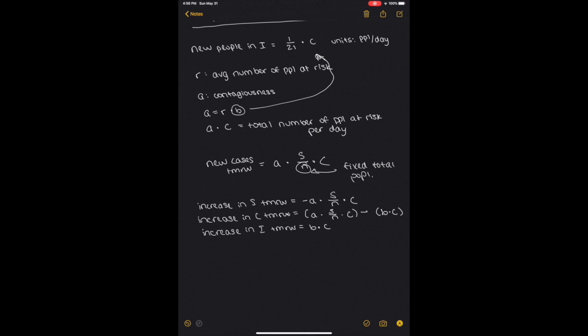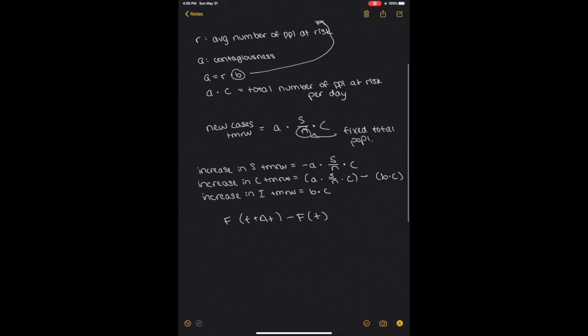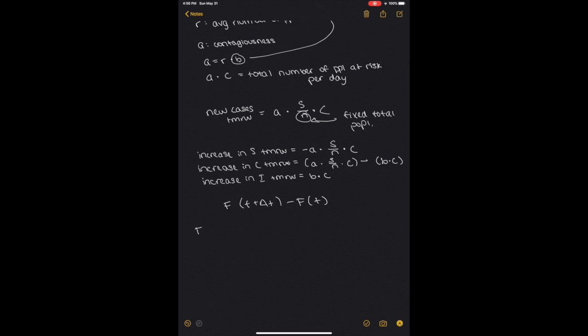The change in a function of time, f of t, as time changes from t to t plus delta t is given by f of t plus delta t minus f of t. Therefore, we can say that f of t plus delta t minus f of t, all over delta t, is equivalent to negative a times f of t over n times c, delta t.